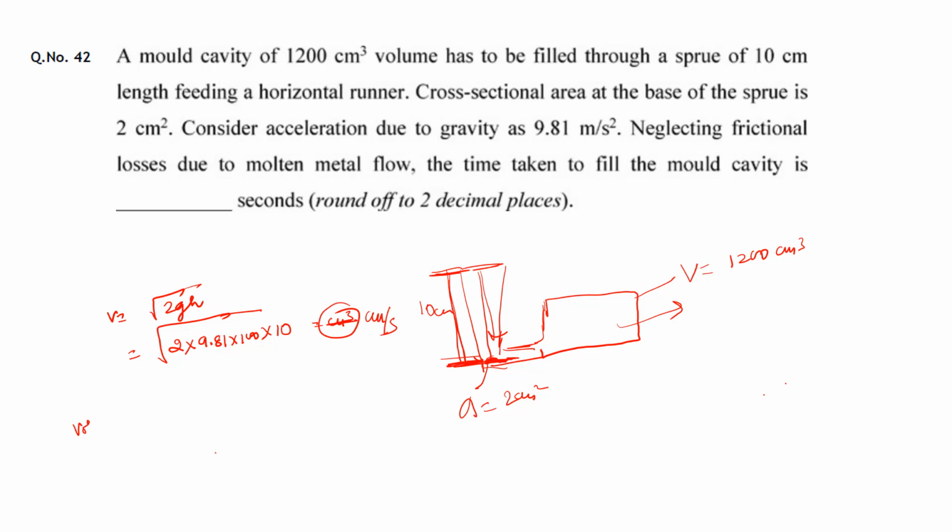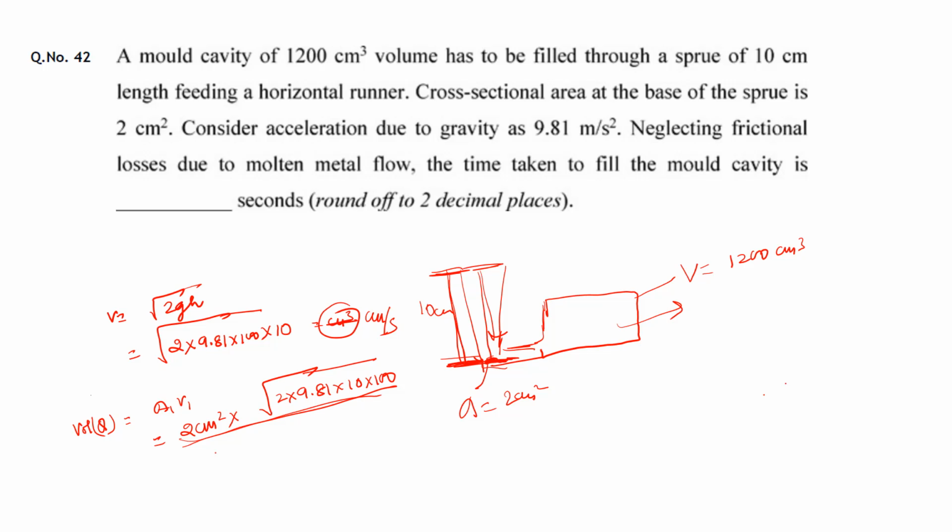Now the volume flow rate, that is Q, is equal to A1 into V1, meaning area into velocity. The area is given as 2 centimeter square, into this, let us multiply this. Okay, so this is the volume flow, meaning for 1 second of time, this amount of volume is getting filled.